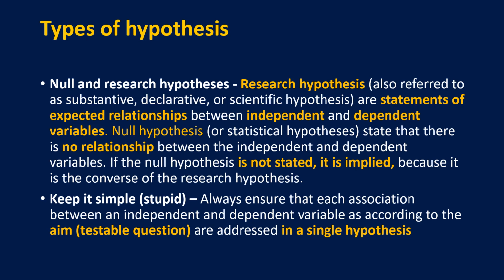hypothesis, which is HIIT training will significantly increase VO2 max, my null hypothesis will be that HIIT training will either not increase, which is in other words the opposite, okay, or it might be that the null hypothesis will be that there is no change in VO2 max.